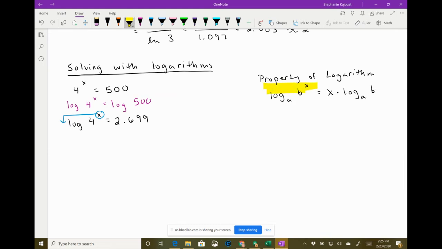So this property says that if you have something in a log, the exponent can go out. So then what I have is x times log of 4 equals 2.699.